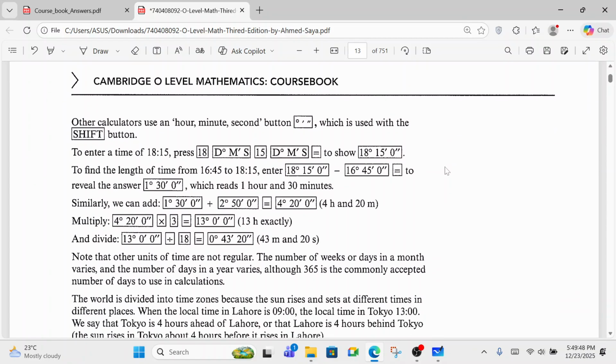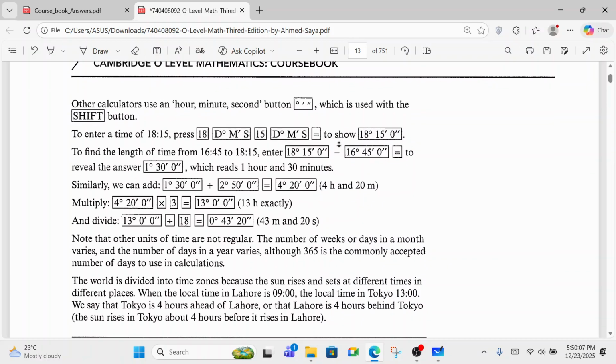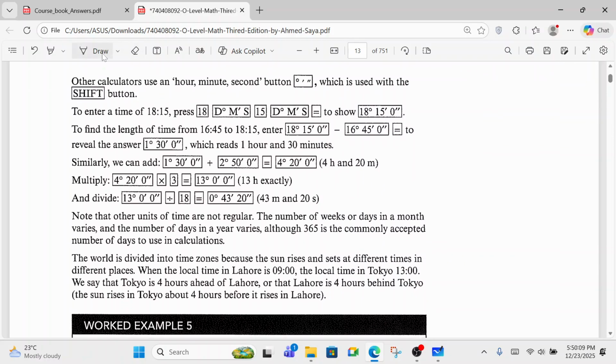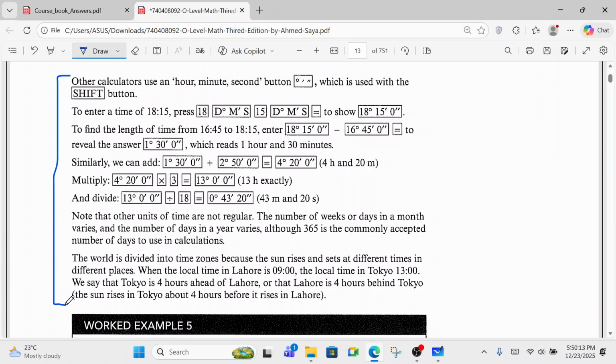So other calculators have this button. Let me check. Most probably my calculator does not have this button, but either way, I should search for it. You can also use this button to calculate the time, date. So this is how it explains. You could pause the video and check this section out.